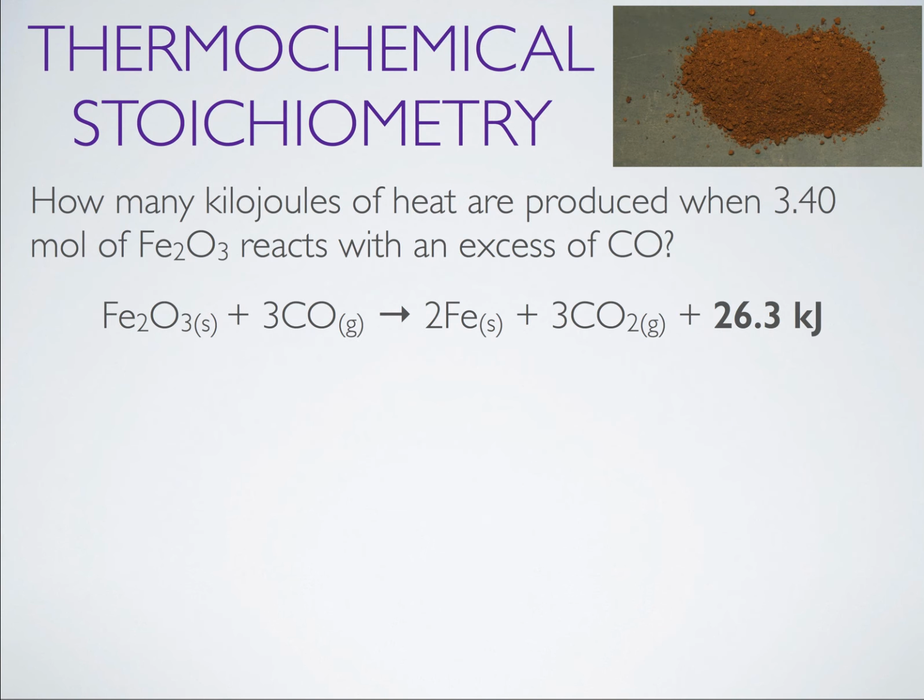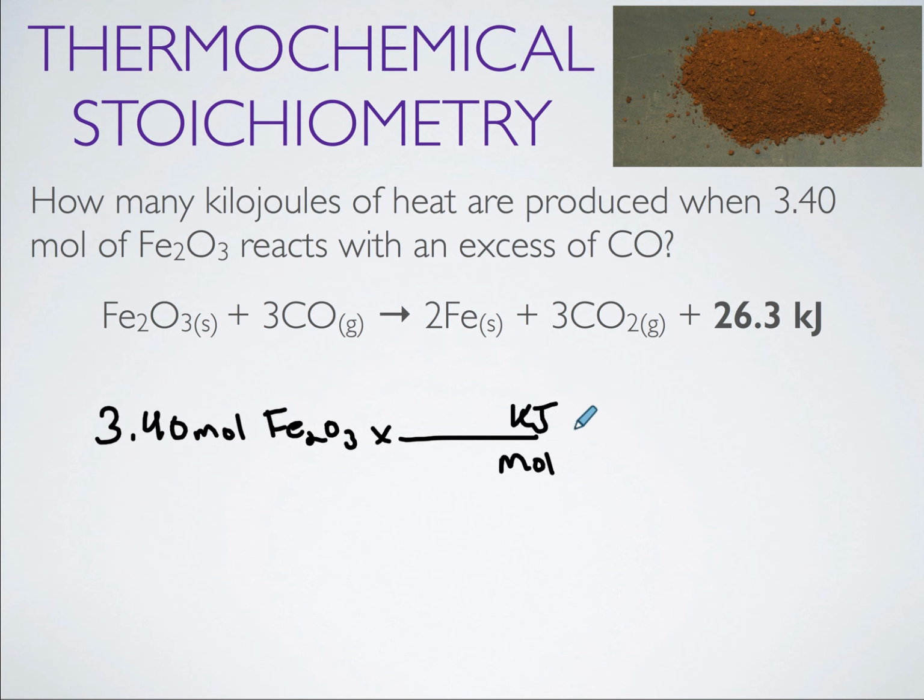Alright, final problem for thermochemical stoichiometry. I mentioned before that you could potentially either start or end with moles, so I wanted to show an example of that as well. So we have this many moles of Fe2O3, and we're trying to get to kilojoules. Moles and kilojoules can be related directly, so that's just going to be one step.